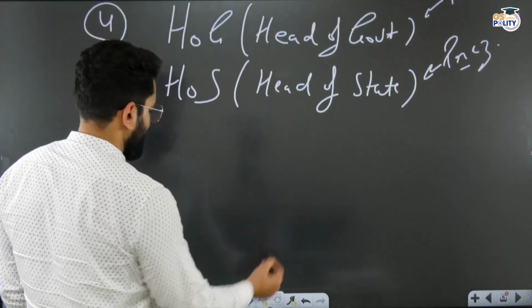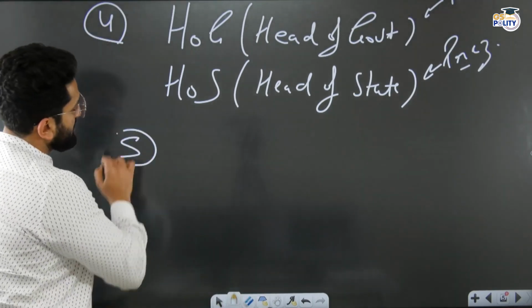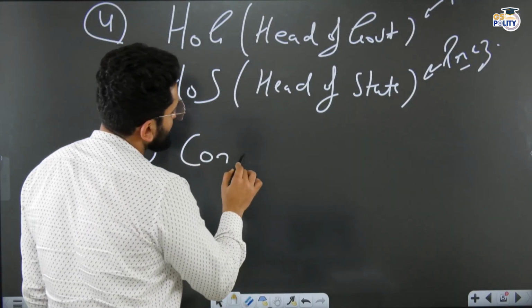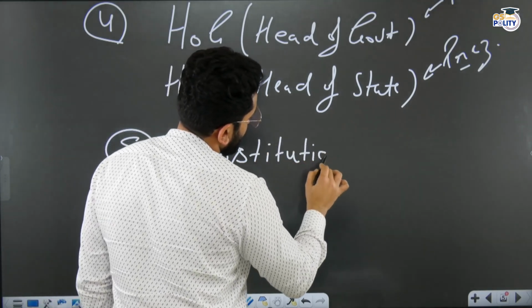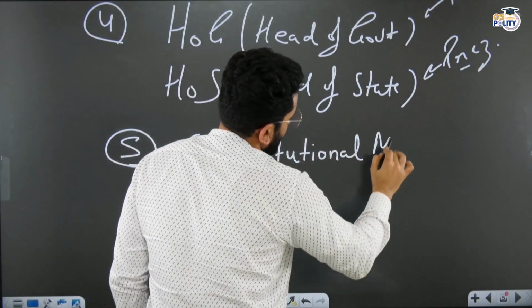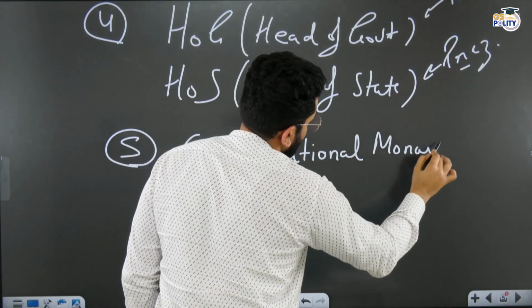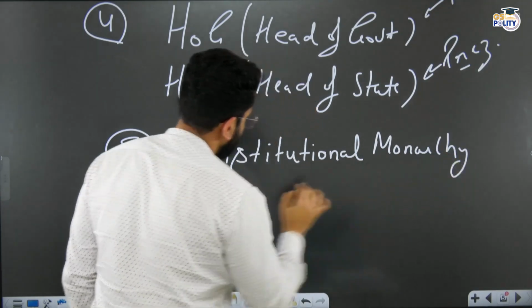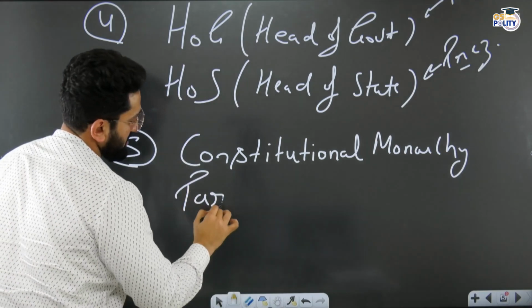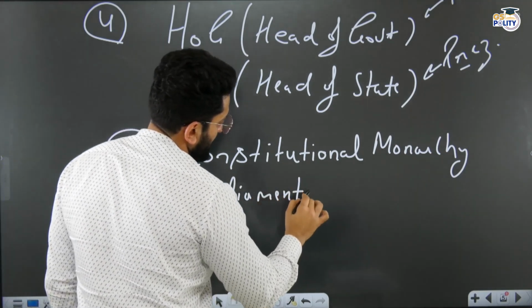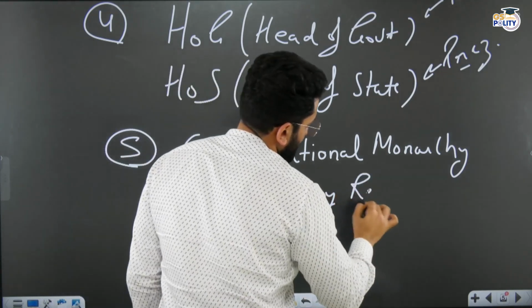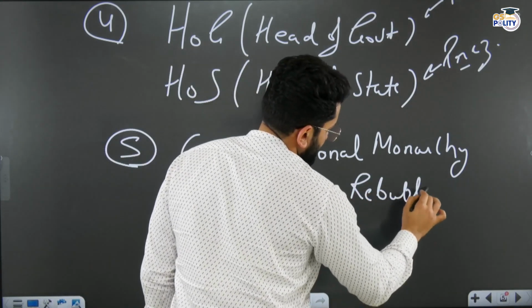Now, constitutional monarchy and parliamentary republic, these two terms also need to be clear in your mind. So what is the difference?